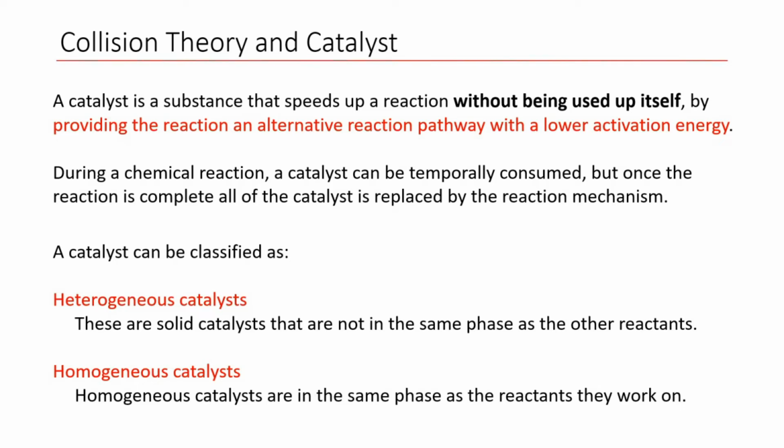Reactions can occur in a series of steps, they generally do, and so what a catalyst does is it provides a different series of steps. Similar to how we added our Hess's law equations together, a catalyst gives us a different set of reactions that we could add together, and this different set of reactions requires less energy for the reaction to take place.